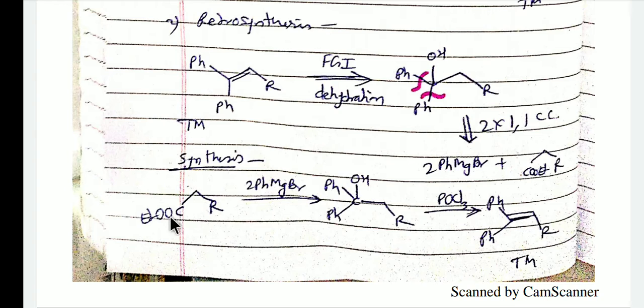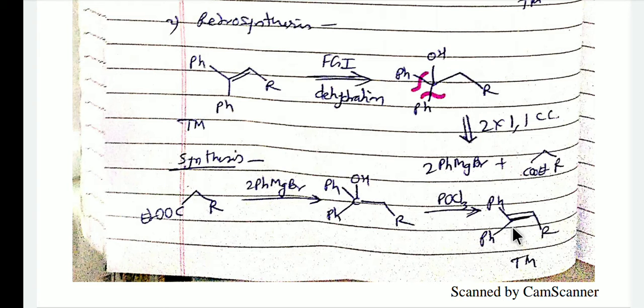Here we start from RCH2COOEt. The reaction of RCH2COOEt with 2 moles of PhMgBr gives this alcoholic molecule, which on reaction with POCl3 undergoes dehydration. The hydrogen from this carbon atom and this OH make a water molecule and are eliminated, minus H2O, and we get the target molecule.